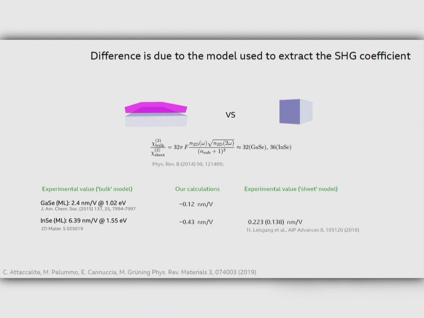According to this work, we estimate that this would give a factor of 30, which is consistent with the difference we observe between our calculation and those experiments. And in fact, when we were just finalizing our work, there was a new experimental work in which they used a sheet model to extract the second harmonic generation and got a value in much closer agreement with what we had calculated.